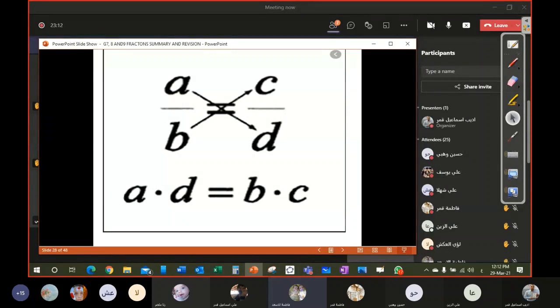B and D are denominators. What condition should they satisfy? B should be different from zero, and D should be different from 0. Yes. They are denominators, and a denominator cannot be equal to 0.